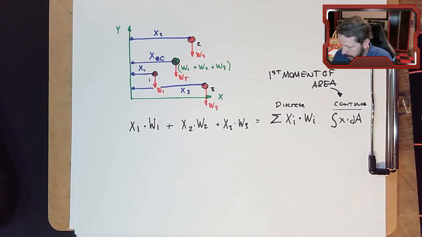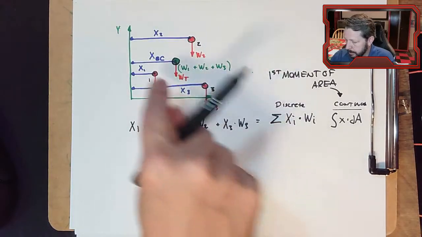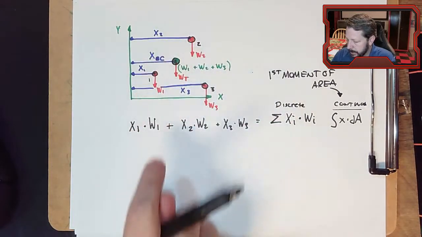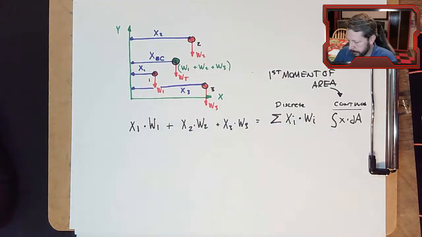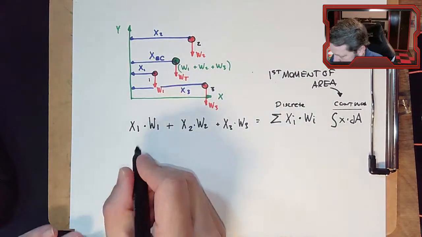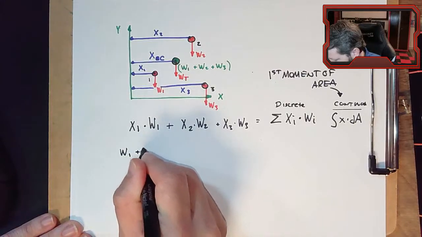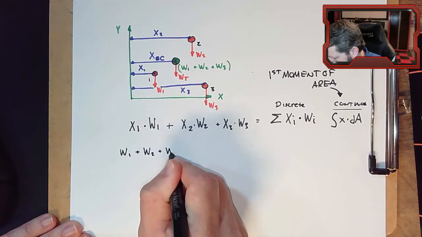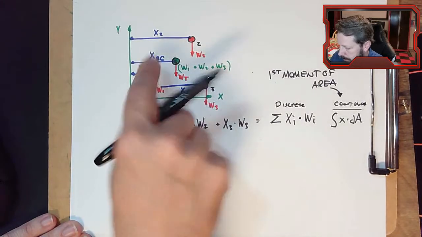All right. So this is the combined moments of every one of the little red dots, all added together. I want to replace them with the green dot. So the green dot is, in this case, W1 plus W2 plus W3. So that's the total weight times XC.